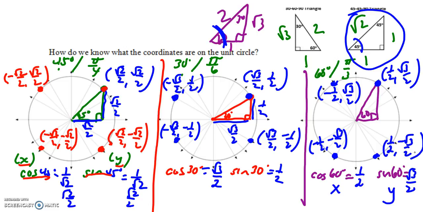And so eventually, we're going to be able to put all of these together into one unit circle so that we can find a lot of information about a bunch of coordinates. And so the more, again, that you practice these, the better.